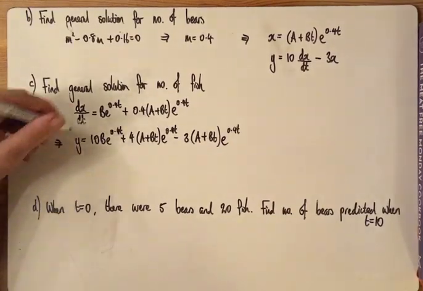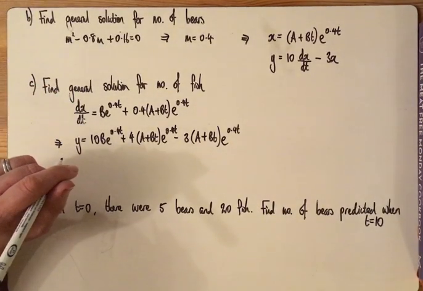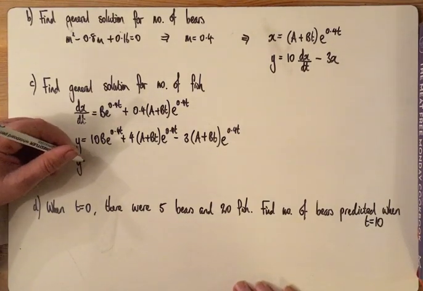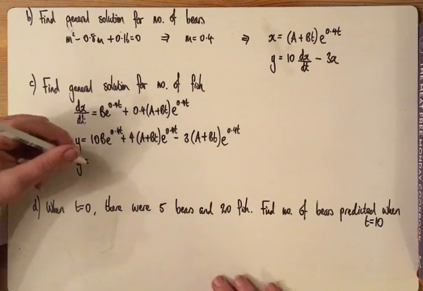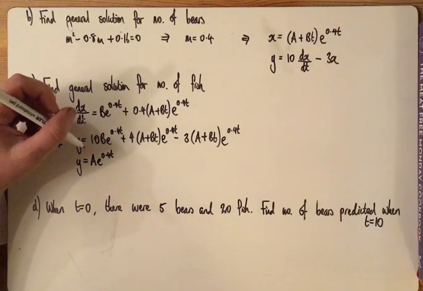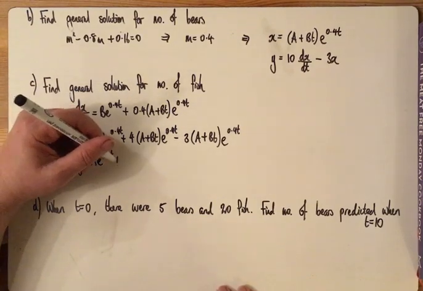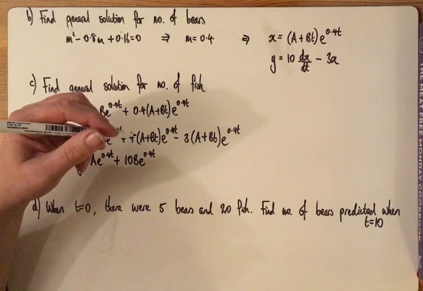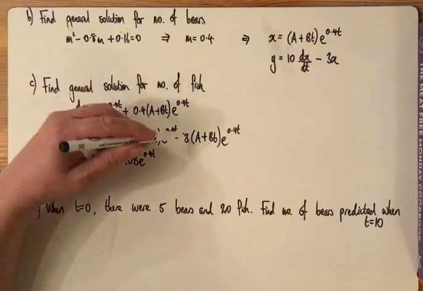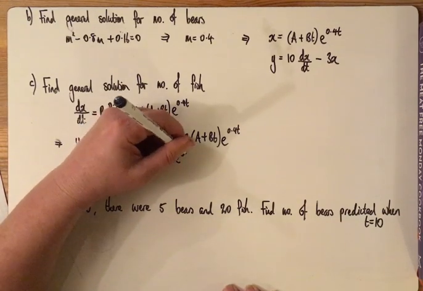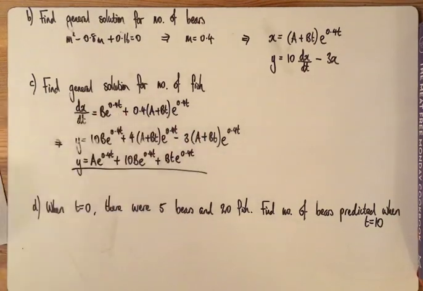Go with that method for those. Tidying that up, we end up with y equal to 4a minus 3a, which is a, e to the 0.4t, and then 10b e to the 0.4t, and then plus 4 minus 3, which is 1, lots of bt e to the 0.4t.